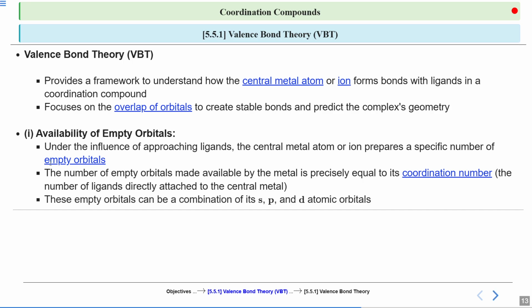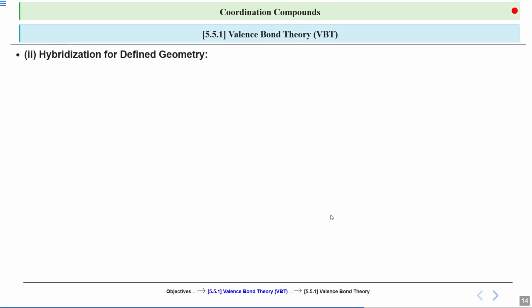These empty orbitals can be a combination of its s, p and d atomic orbitals. Now these empty orbitals which the metal is going to make available can be the combination of either s, p and d atomic orbitals, the different orbitals. The combination of orbitals can also be made available by the metal as the empty orbitals.